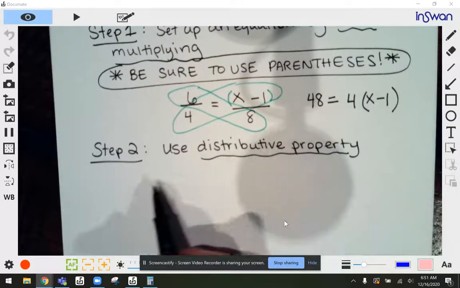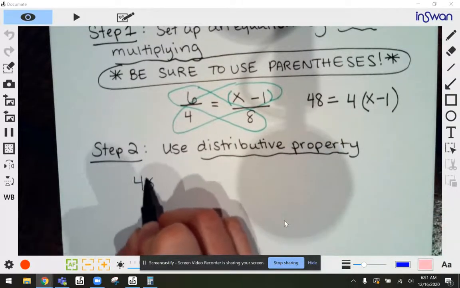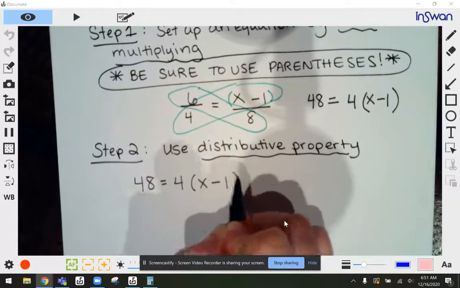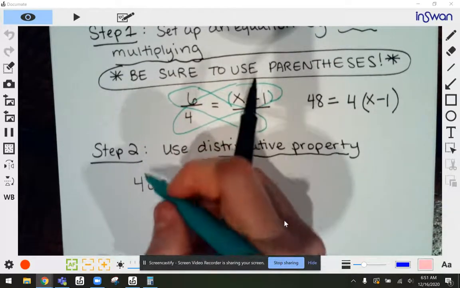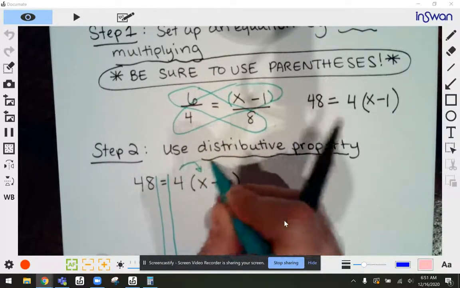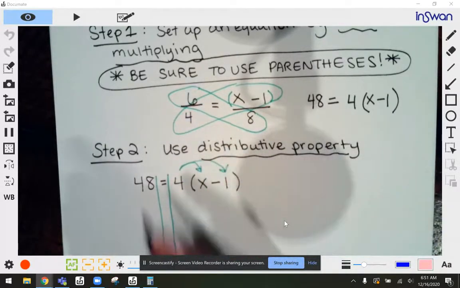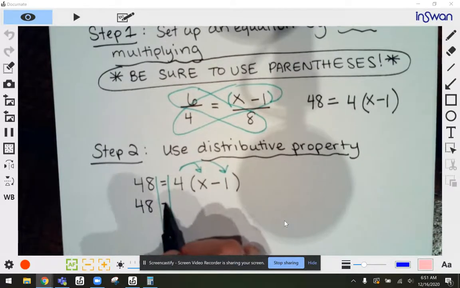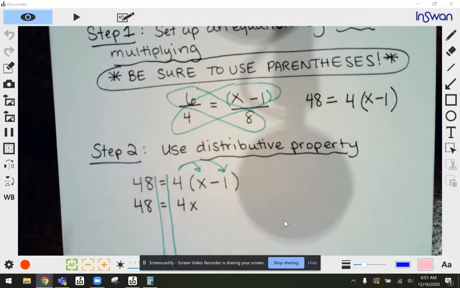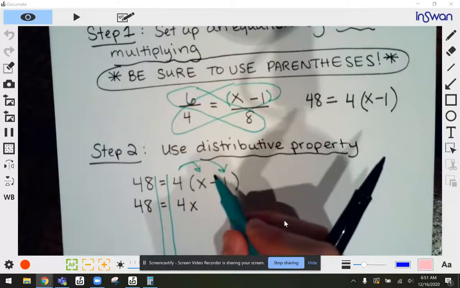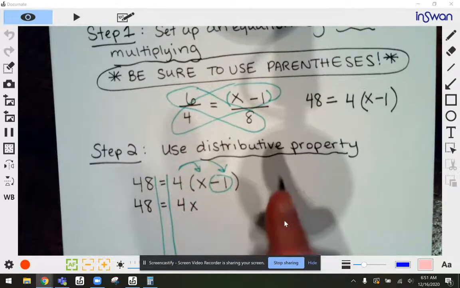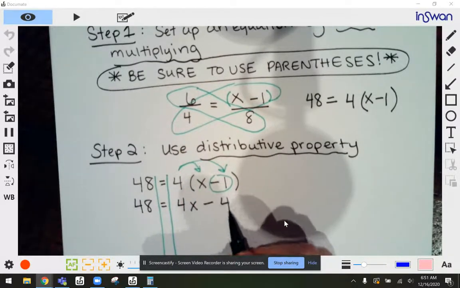So I'm just going to bring this equation down. 48 equals 4 times parentheses x minus 1. And we are going to start solving it just like we've learned to before. So we're distributing. So we have 48 equals 4 times x, or 4x. And then notice this is a negative 1. So don't forget it when you multiply. 4 times a negative 1 is negative 4.